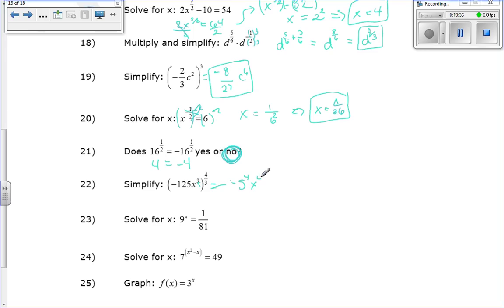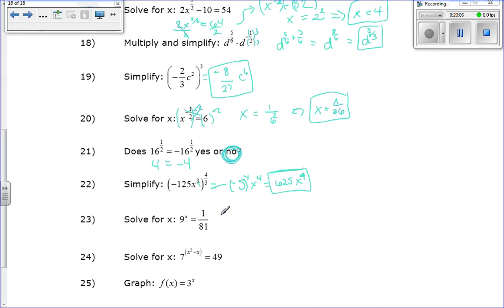So I have x to the 4th. Negative 5 to the 4th power is going to be 625 x to the 4th. I had to use my parentheses here because the original problem was inside parentheses. And that was a 4, not a 9.